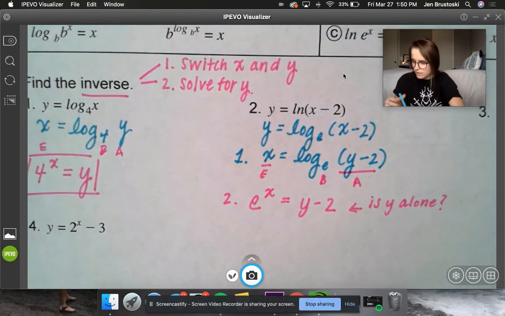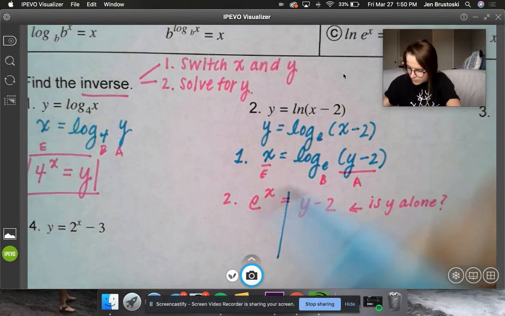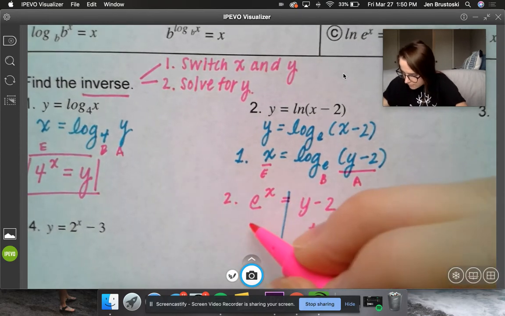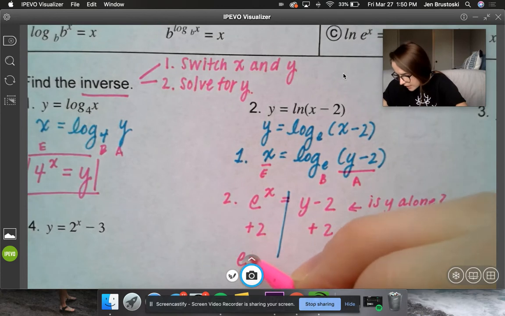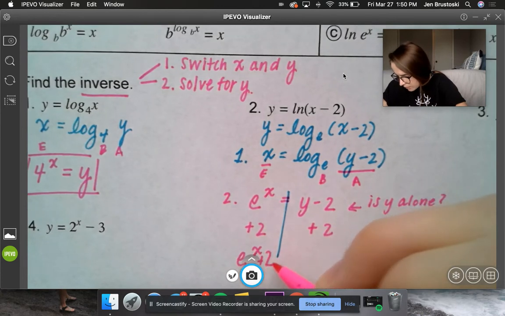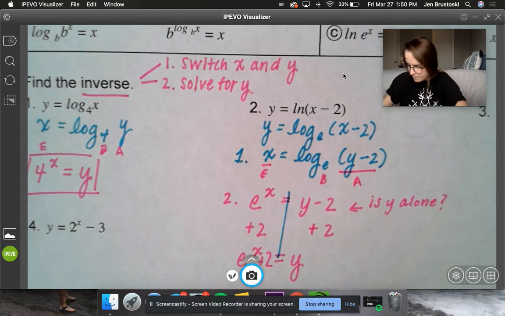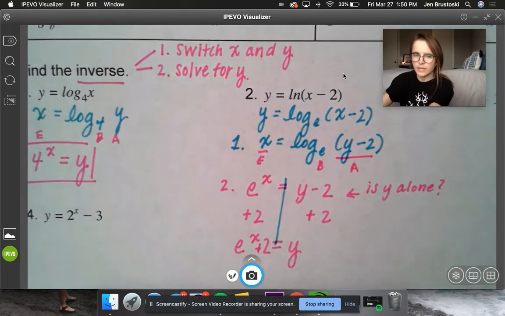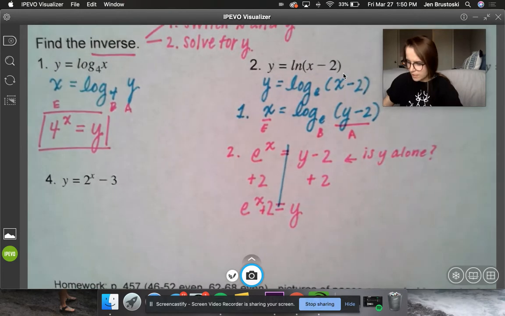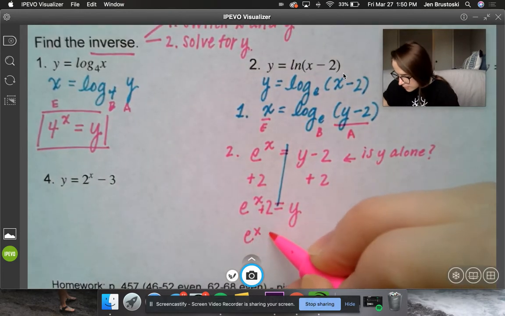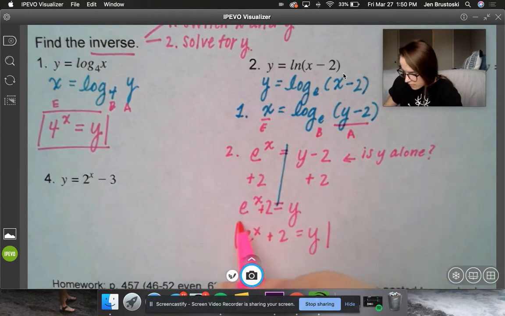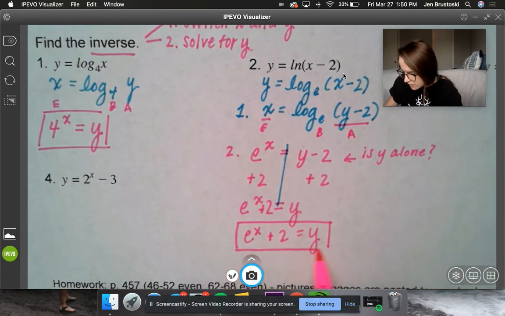Go ahead, put our thing here. Add 2 to both sides. I get e to the x plus 2 equals y. I'll go ahead and rewrite that a little bit neater. The bottom here, I type e to the x plus 2 equals y as our answer.